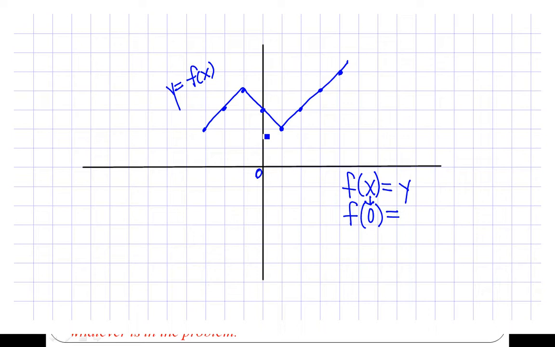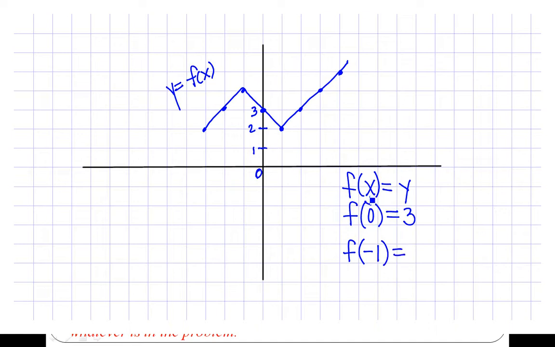What is y? y is whatever point is on this graph. So let's say each of these little squares is 1. So this is 1 here, this is 2, and this is 3. So when x is 0, y is 3. So that's the answer. Let's say I ask you what is f of -1.